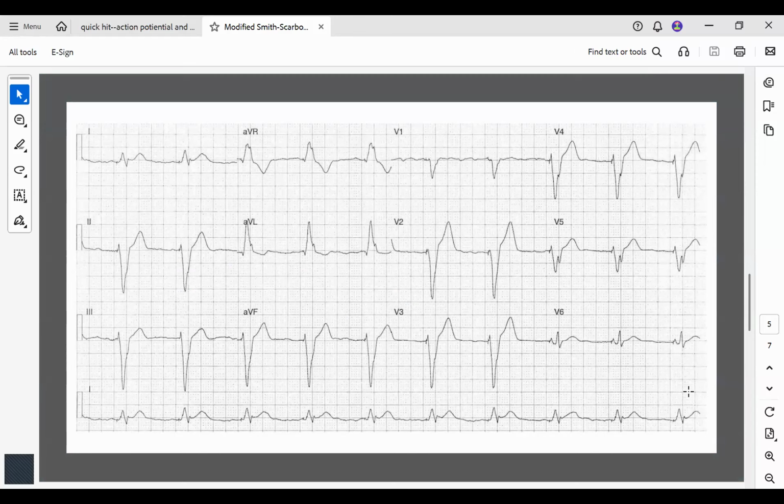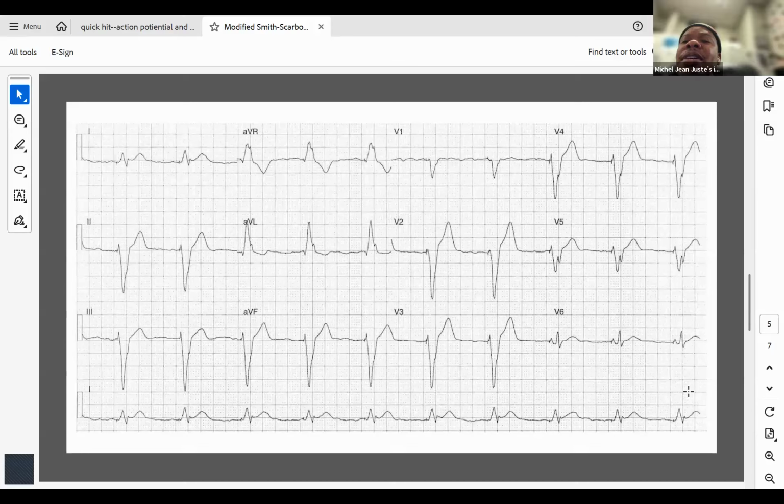If we're looking for a pattern STEMI, it's discordant, right? Because we have the primary S wave, and then you have the T wave going positive.